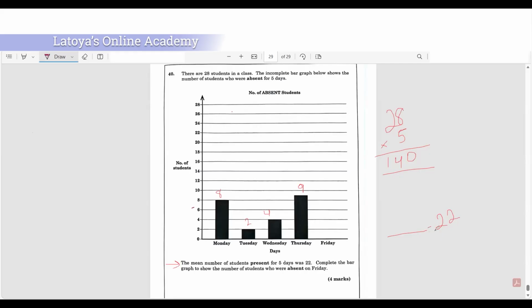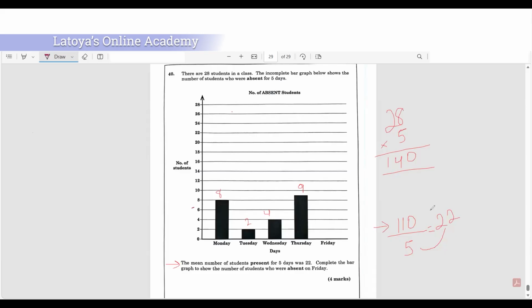The question gave us the mean of 22 for the 5 days. So we can multiply 5 by 22 and get the sum, the number of students who are present for the 5 days. So the total number that is supposed to be present for the week is 140. However, the actual number of students who were present was 110.